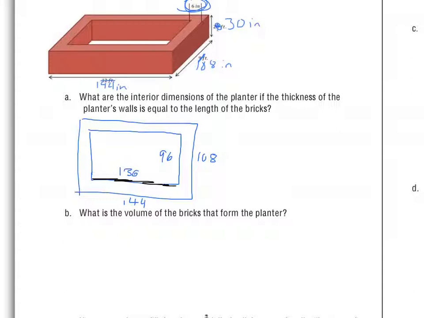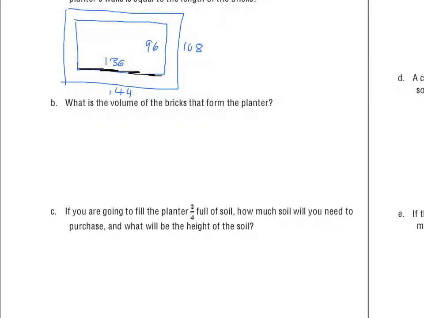96. All right, so what is the volume of the bricks that form the planter? So we're looking for just the shaded part here of our picture. And in order to do that, think about how you would do that. Name one way that you would do that. There are actually two methods here.